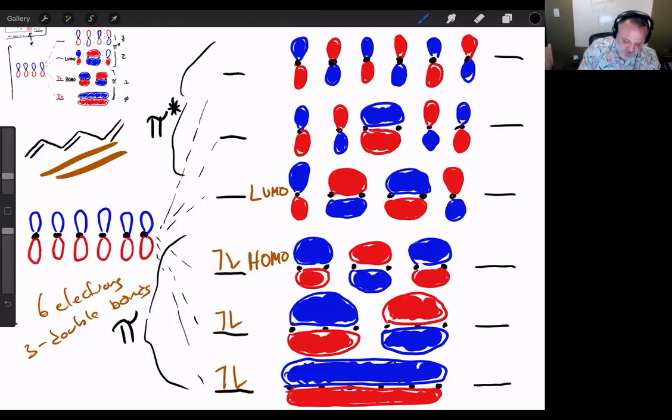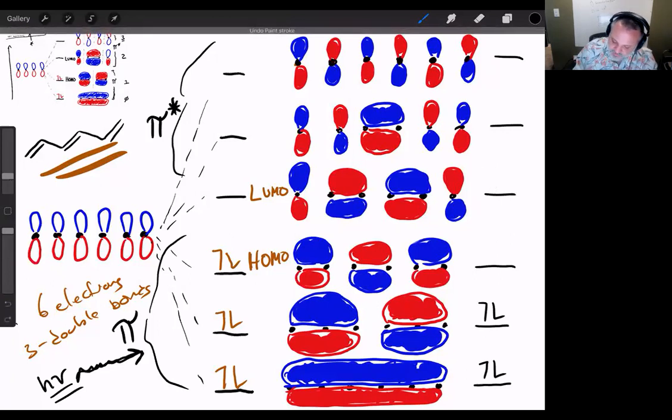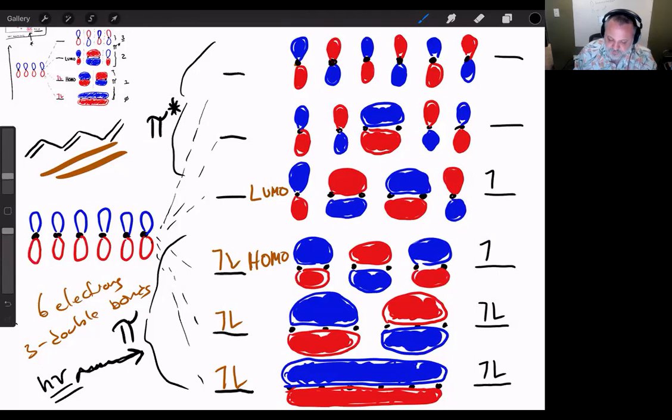What happens if I interact this pi system with UV light? So I'm going to get some UV light and interact with it. What happens is that it takes an electron and excites it to the next orbital up.